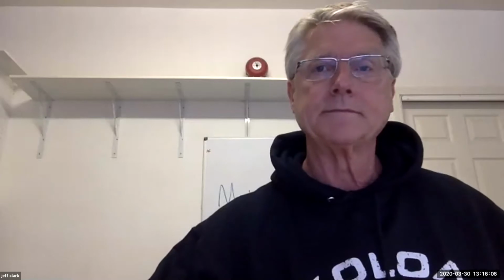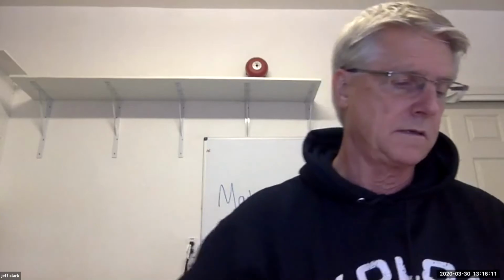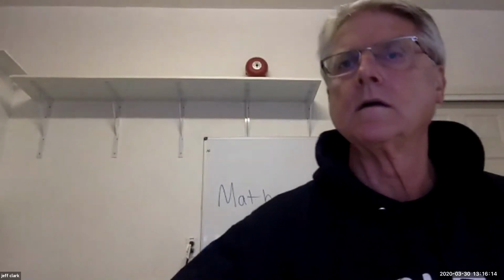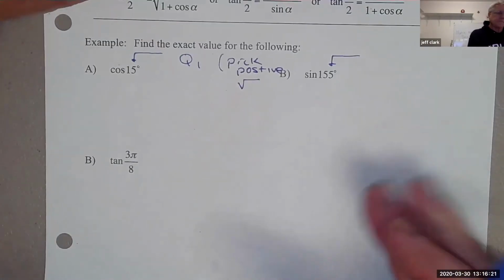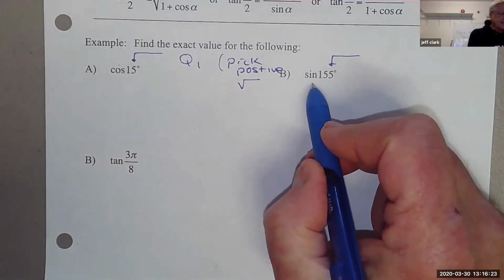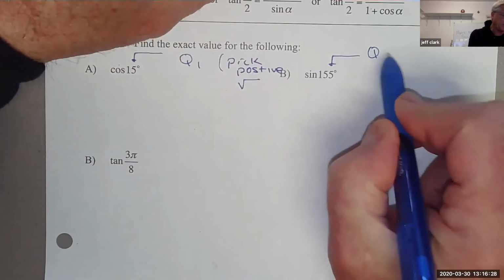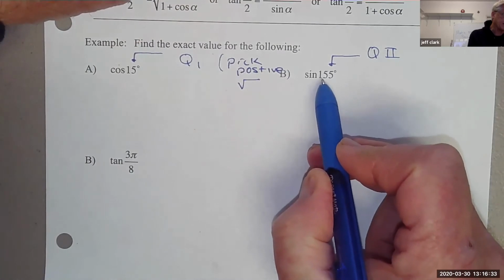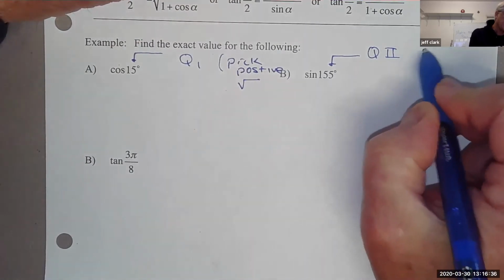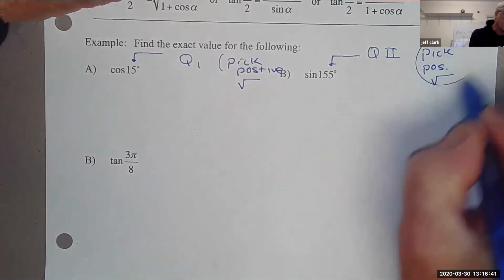Okay, I'm back. So think about it this way, sine of 155 degrees, isn't that Q2? Sine is going to be positive there, so you pick the positive square root.